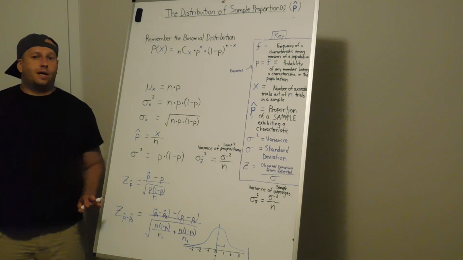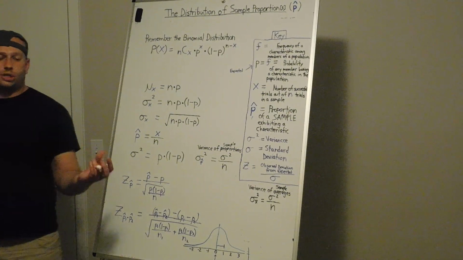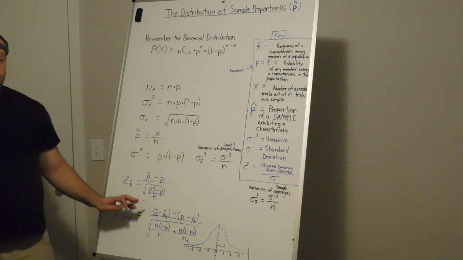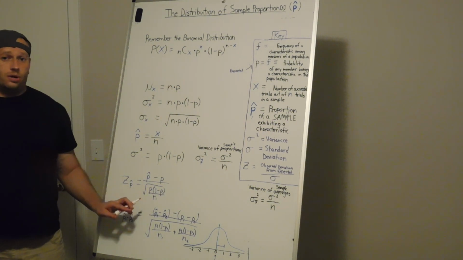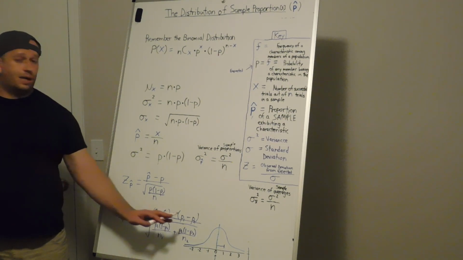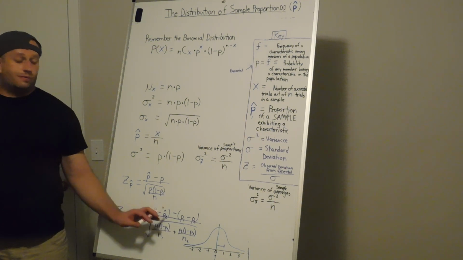Now, what if we want to find the probability of having a difference of two proportions, even from two different populations? It's the same as what we did before to find the difference of two means for a sample from two different populations.